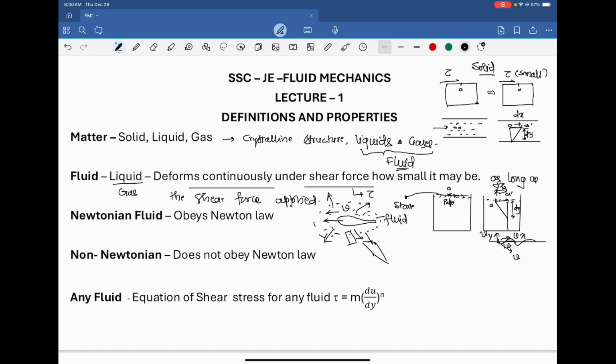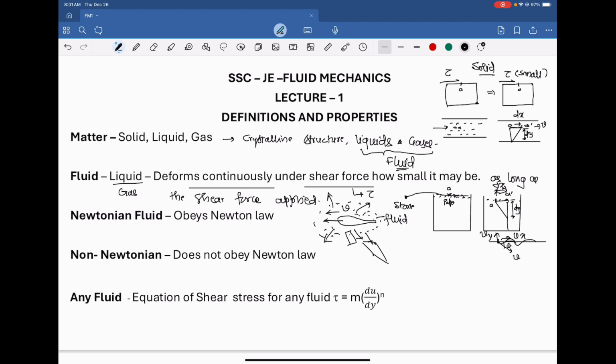Now, let us see. Is there any relation between shear force or shear stress and velocity gradient? You see, a particle is moving with a velocity v. It causes a deformation.